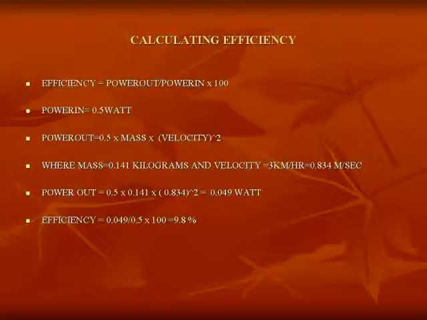Therefore, power out equals half times the mass times the square of the velocity, which yields 0.049 watt. Equating back the power out in the main efficiency equation, we get efficiency equals 10%. That signifies the point why solar energy, being free and the cleanest source of energy in the world, is not used as the primary source of energy.